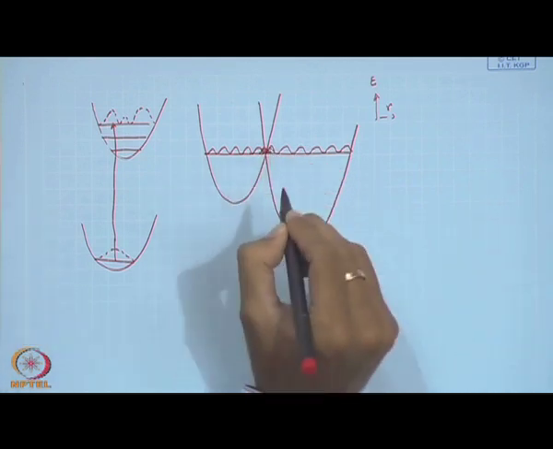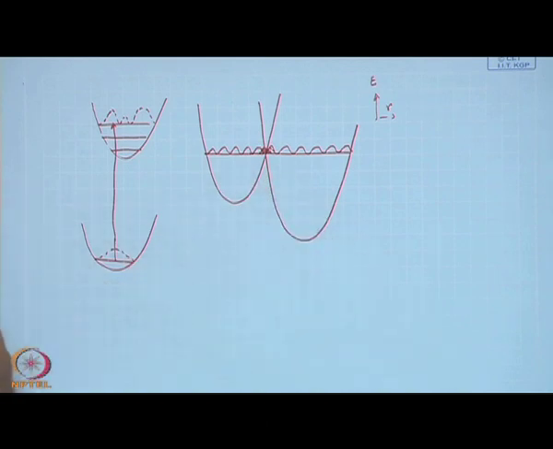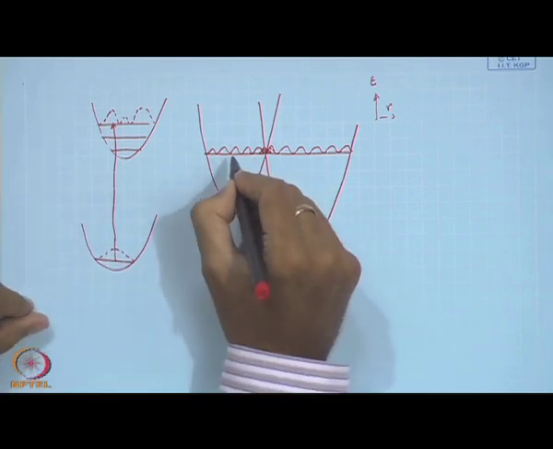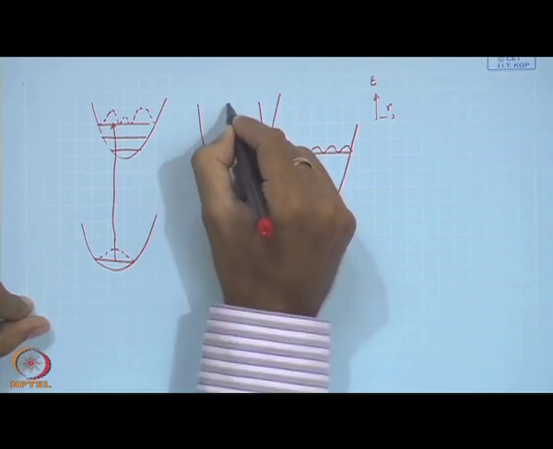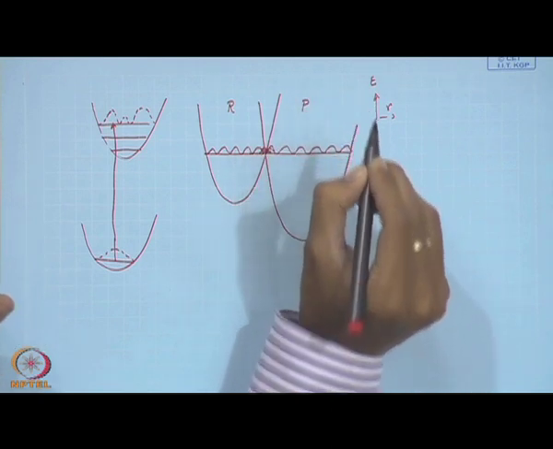So, there is overlap, and that overlap helps the transition from this reactant state to the product state.